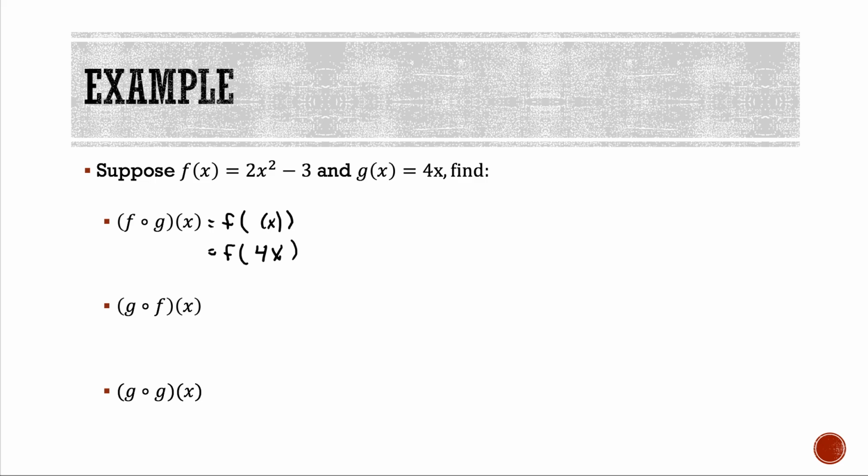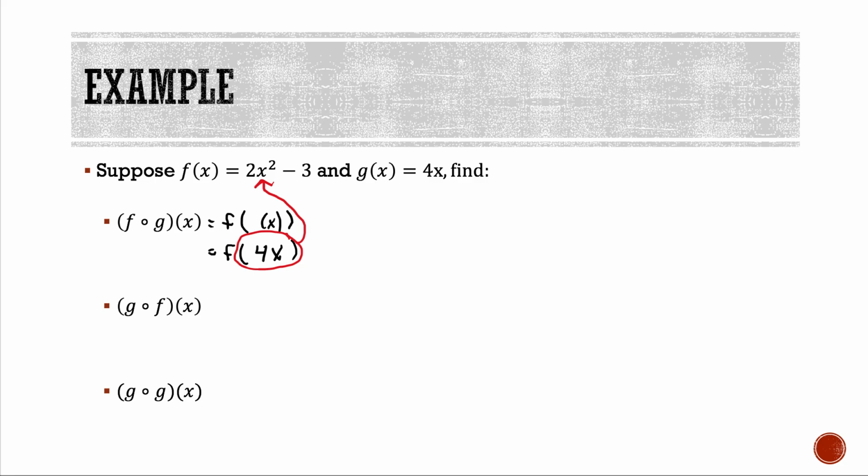Okay, now the second substitution, we now have f of 4x. So we're now just going to work that out. And we've done that before. We did that in the last couple of sections where we looked at function notation. So we know that if we have f of something, we simply go to the f function, and wherever there is an x, we're going to plug in this thing that's in parentheses. So I'm going to go to the f function, and I'm going to put it right there for that x.